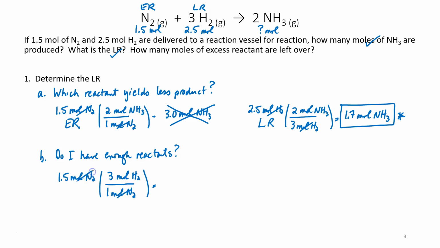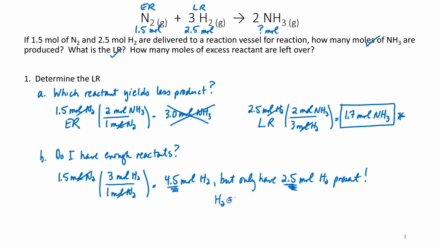So that means that I'm going to need 4.5 moles of hydrogen, but only 2.5 moles are present. You need 4.5, you only have 2.5. That means that hydrogen is the limiting reactant and nitrogen is the excess reactant.